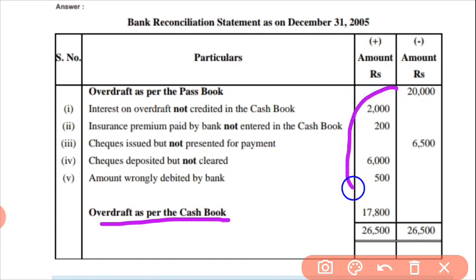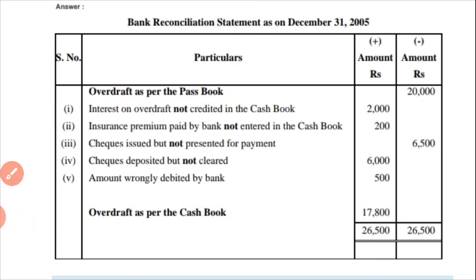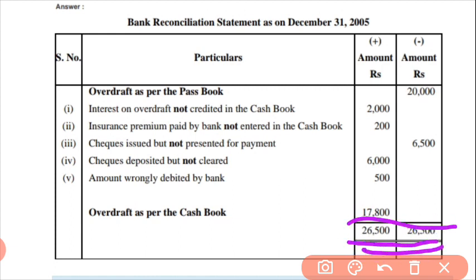If the plus side is lower, then the balancing figure you have to write in the plus item, because the plus side is lower than the minus side. After that, write the sum on both sides, in the plus and minus items. Then underline both the sides. So now the question is completed.